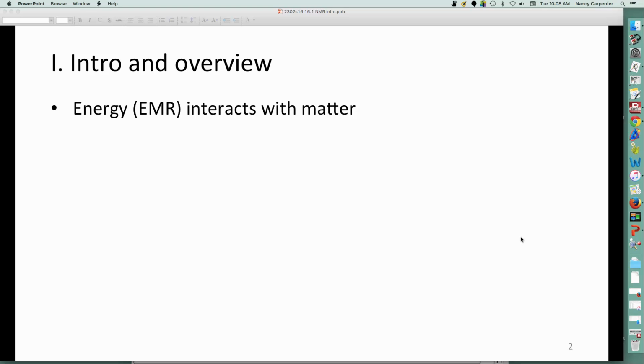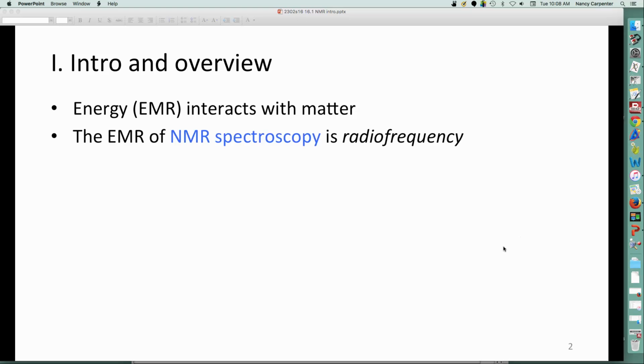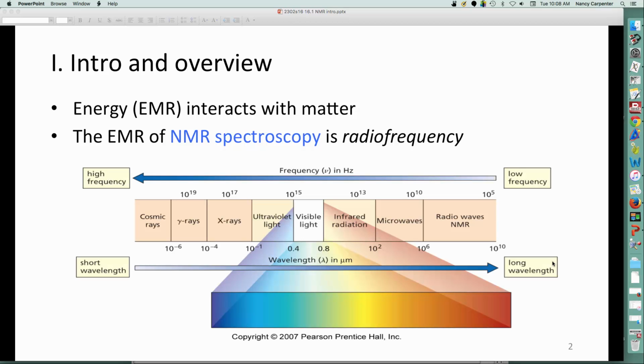We learned last semester that spectroscopy is all about electromagnetic radiation, EMR for short, and that's just energy. And energy interacts with matter. So, NMR spectroscopy is just another area of spectroscopy where the electromagnetic radiation is in the radio frequency range.